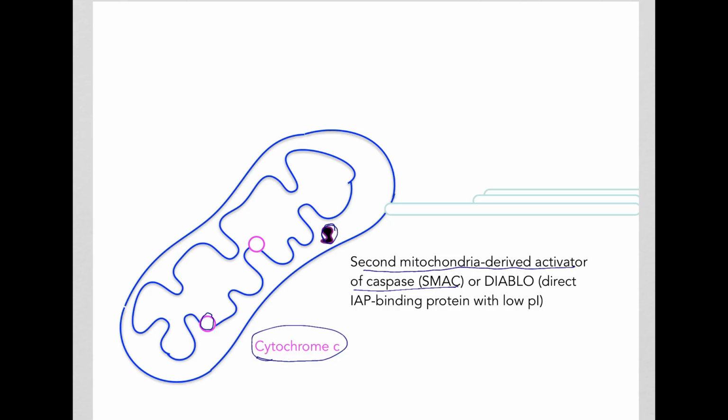You can see that in the space between the inner and the outer mitochondrial membrane. This protein is also called Diablo, which stands for direct IAP binding protein with low pI. So keep these two proteins in mind, cytochrome C as well as SMAC or Diablo. We'll come across this later in this video.